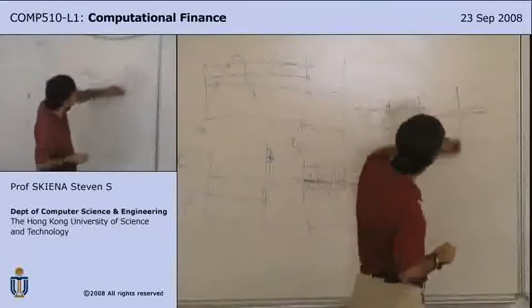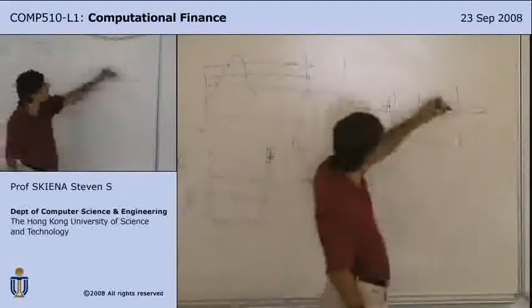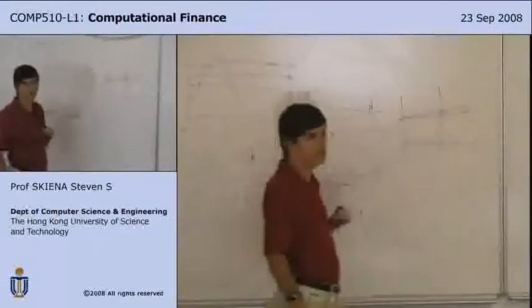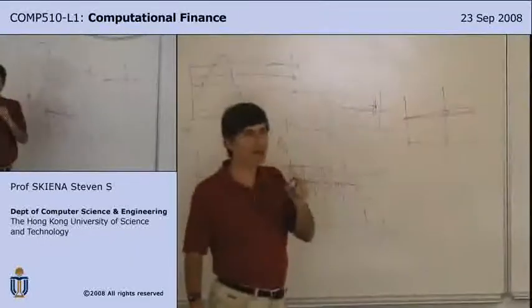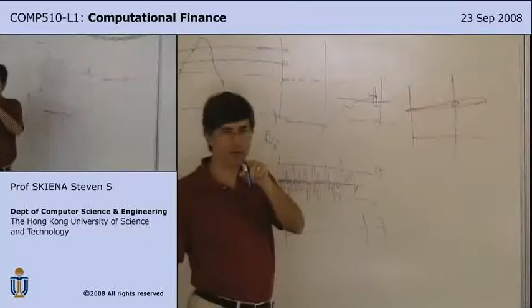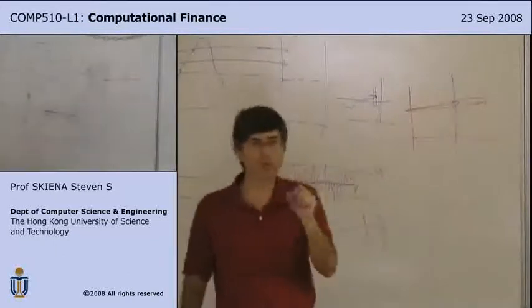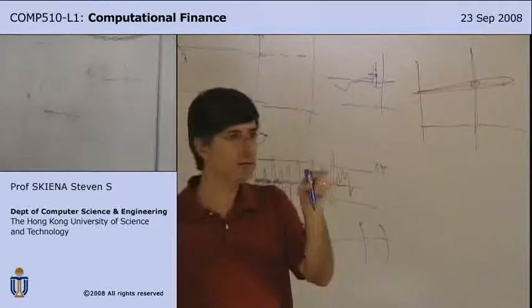At the time that I buy it, if I buy it, I will own something with this value, but I have to actually pay the strike price. Does everybody see that? An option plus cash equals a share of stock. Does that make sense?